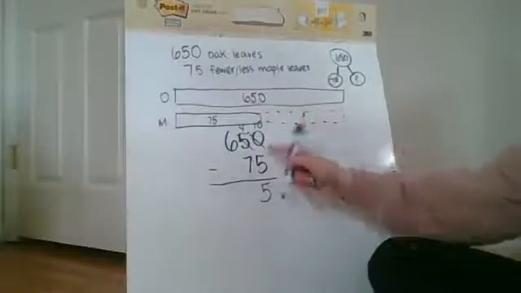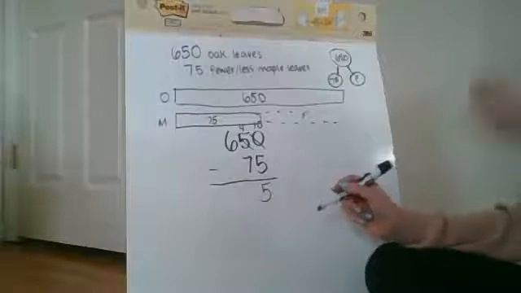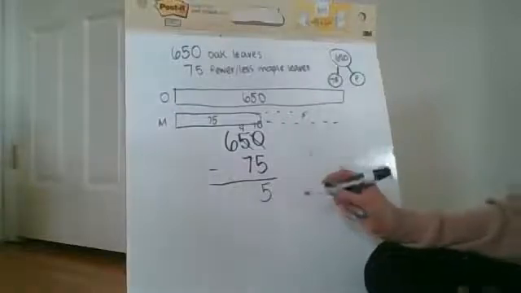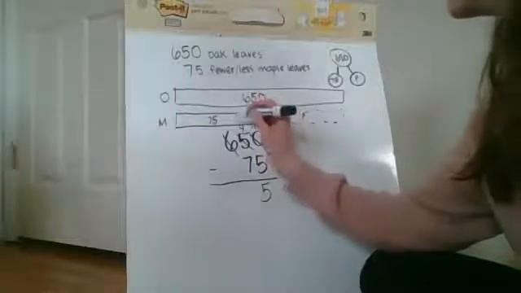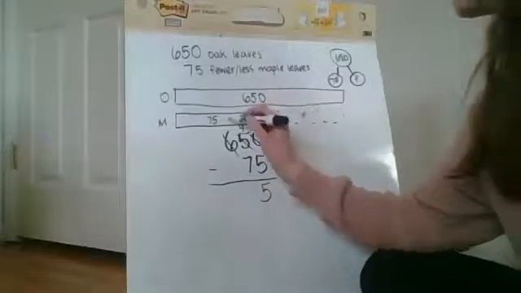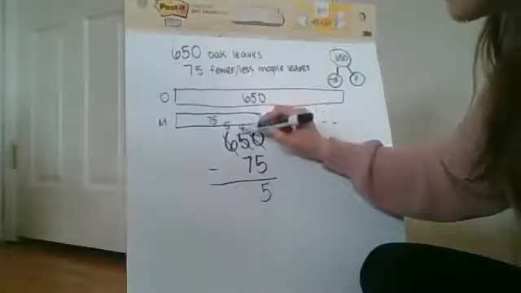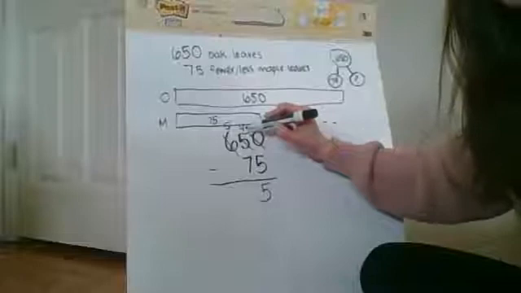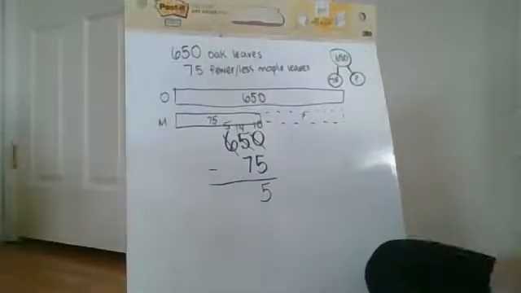Great. Now I'm going to look at my tens place. 4 minus 7. I can't do 4 tens take away 7 tens because there's not enough. So again, I'm going to look to the next column, my hundreds place. I'm going to borrow 100, which is the same as 10 tens. I'm going to take that away. This becomes 5. I'm going to add my 10 tens over here. If I already have 4 tens and I add 10 to it, I know that's going to become 14 tens.